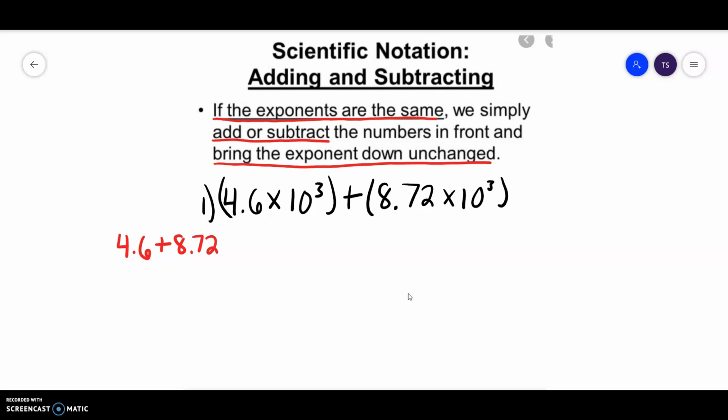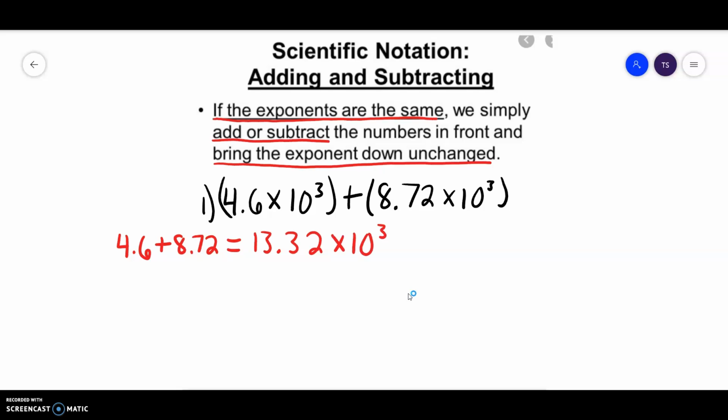So we need to do that addition on the coefficients first before we worry about the exponents. So 4.6 plus 8.72 is equal to 13.32.